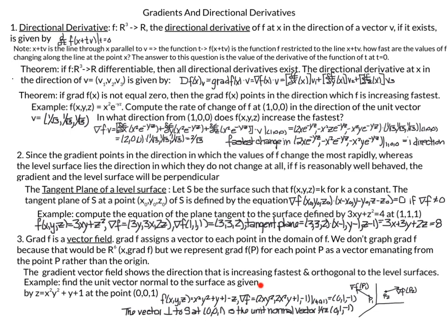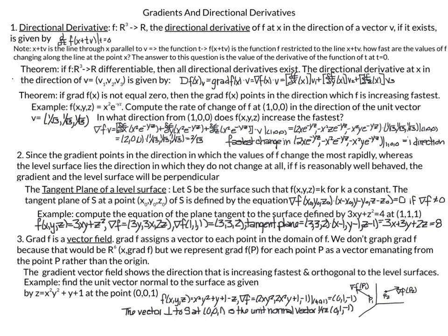And we have this one last example. Find the unit vector normal to the surface given by z equals x squared y squared plus y plus 1 at the point 0, 0, 1. So here's our f. And we rewrote this as f of x, y, z as x squared y squared plus y plus 1 minus z. The gradient of f, derivative with respect to x, is 2xy squared.